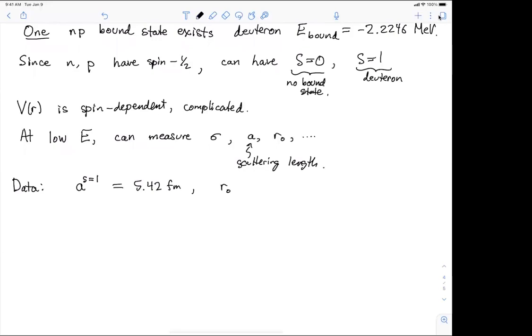The effective range in the s=1 channel is 1.75 fermis. 1 fermi is 10 to the minus 15 meters. It's just a convenient unit. And for the spin 0 channel, the scattering length is negative 23.7, and the effective range turns out to be about 2.7.